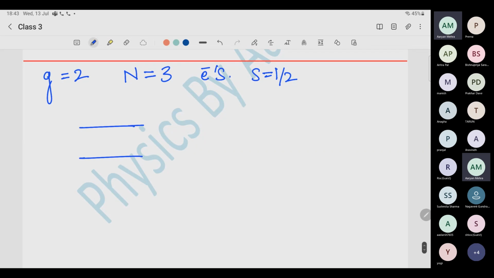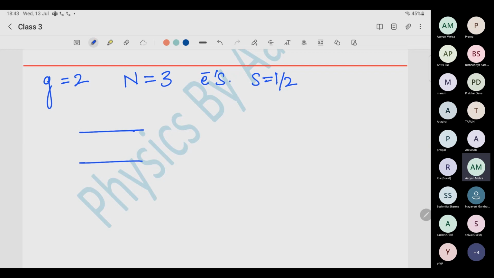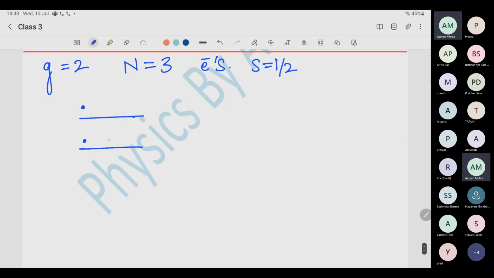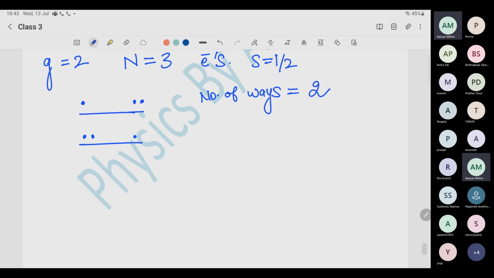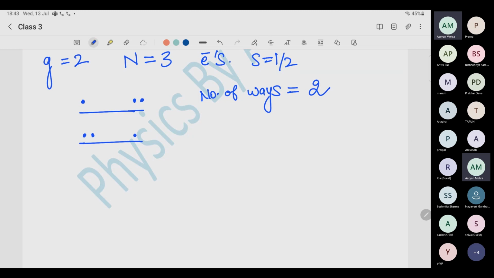The first situation is one electron here, one electron here, and the third electron we can put either here or here. So how many ways are there? Two. Do you think there is any other way to arrange three particles in two energy levels? No. So the number of ways is only two.